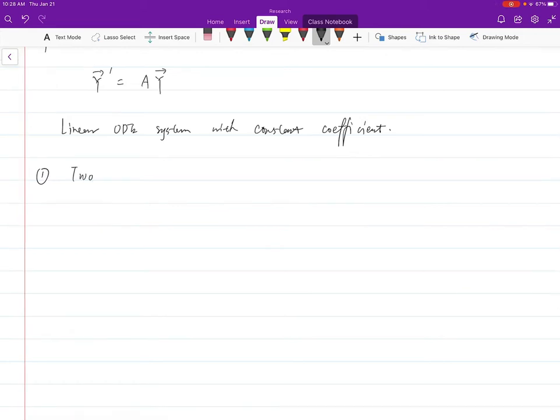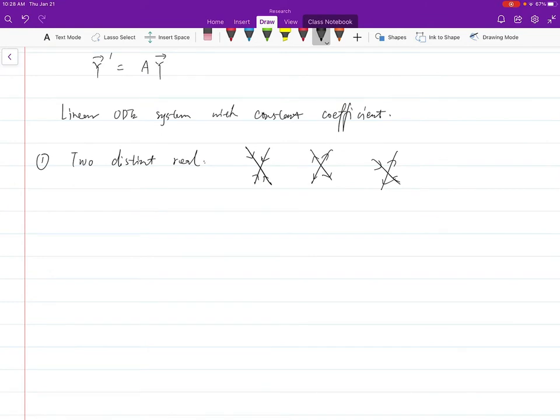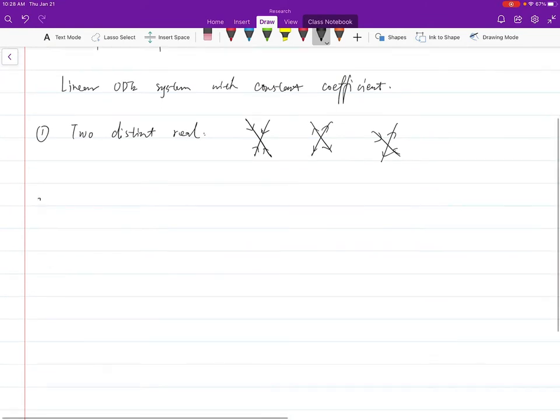So two distinct real eigenvalues, that's one case. And we are going to have two straight line solutions. We are going to determine if it's a source, saddle, or a sink. So that's the first one.